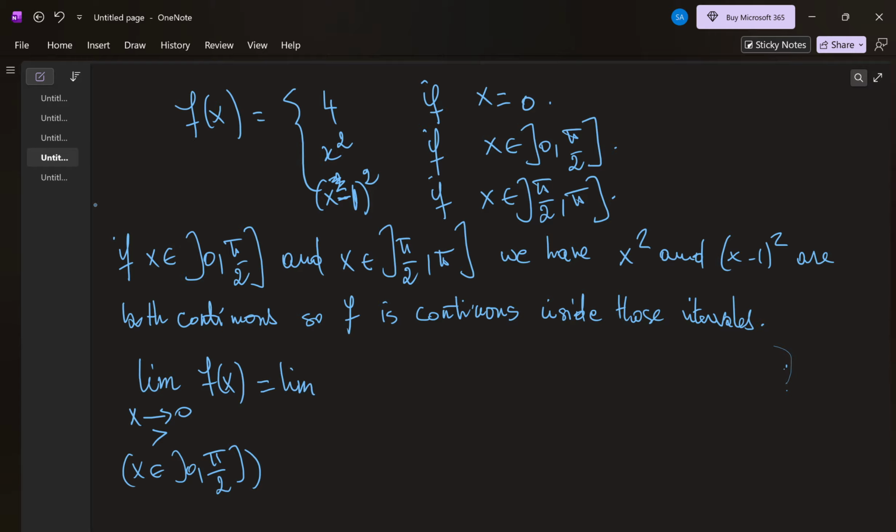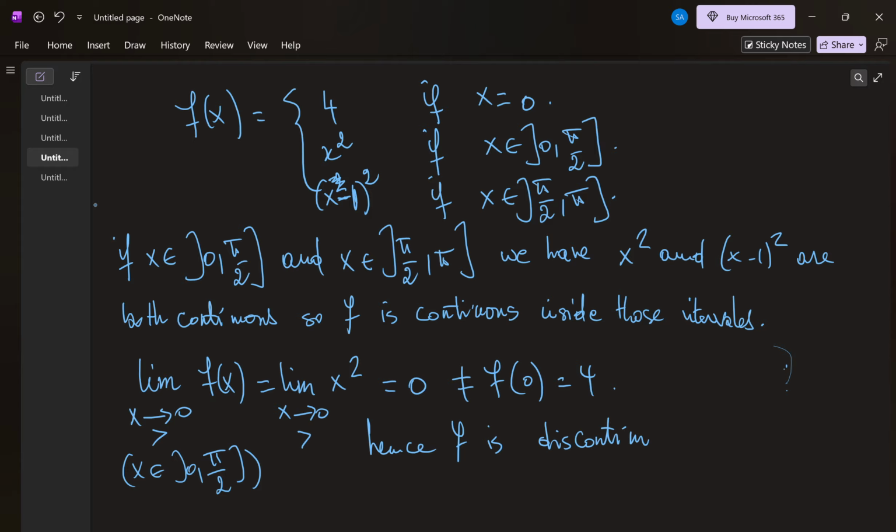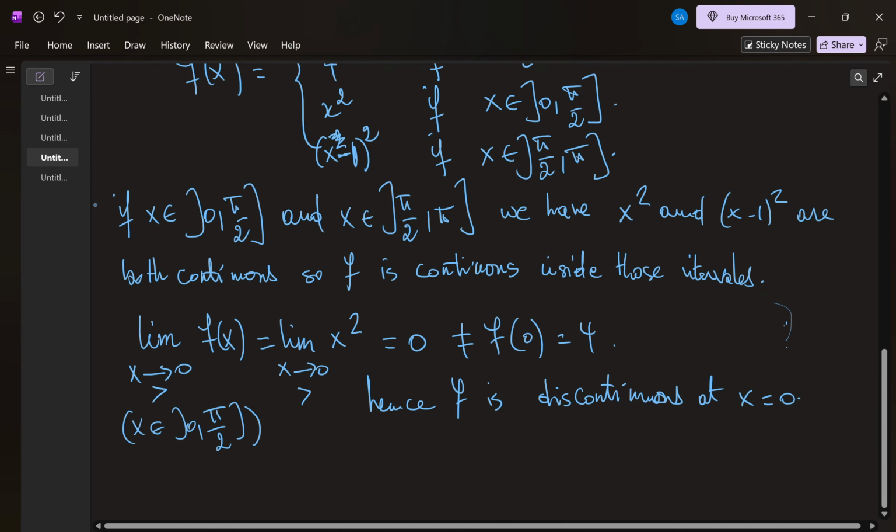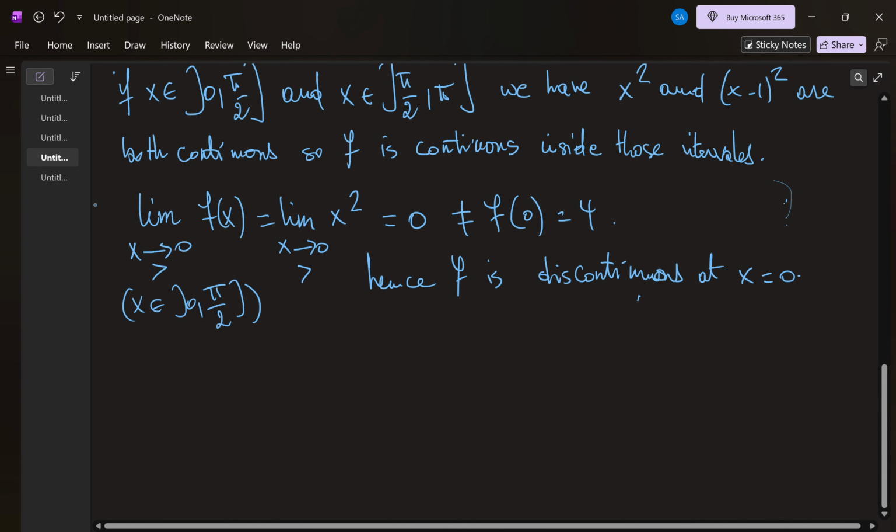So the function will be equal to x squared, as x is approaching 0 with greater value, which in this case is equal to 0, which is different from f of 0, that is equal to 4. Hence, f is discontinuous at x equals 0.